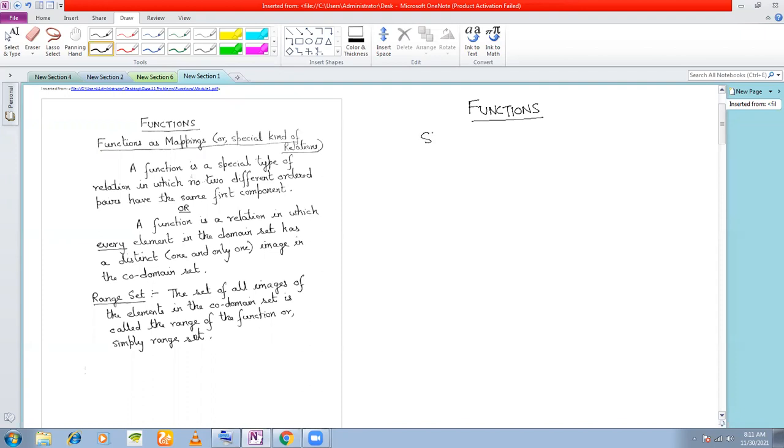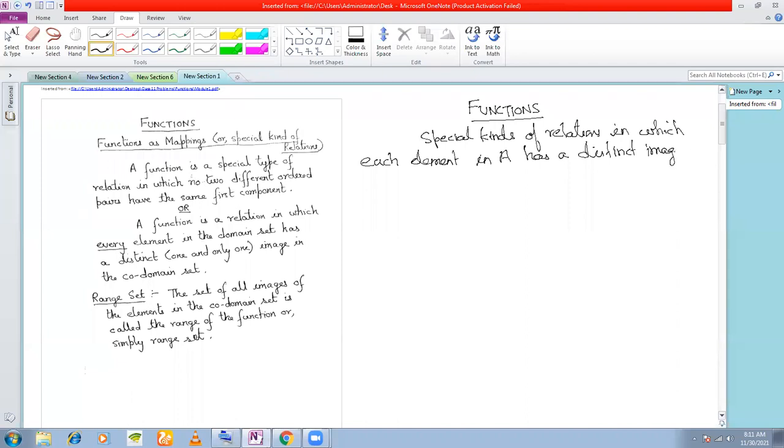Functions are special kind of relations in which each element in A has a distinct image, not any image, but distinct image in B.